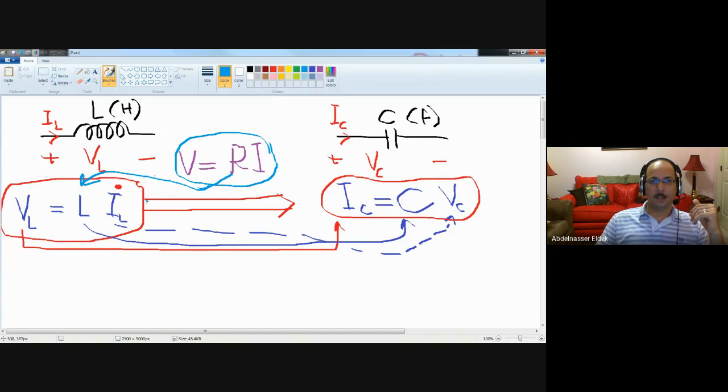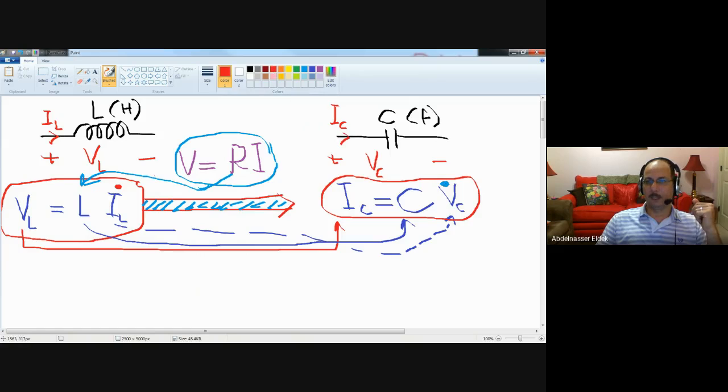And then to find the relation for the capacitor from the inductor, all you have to do is change the voltage to current, and the inductance to capacitance, and IL to VC. This is supposed to have a dot, sorry. So you have a dot here. I forgot this. Should have a dot here.